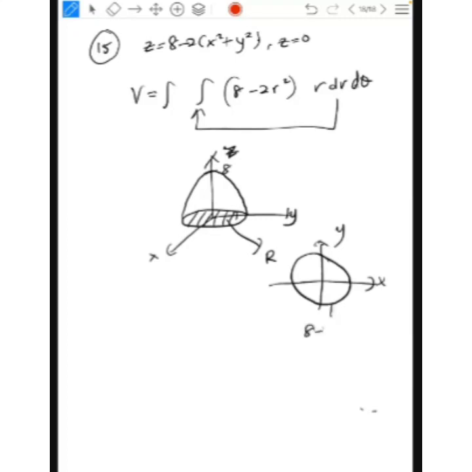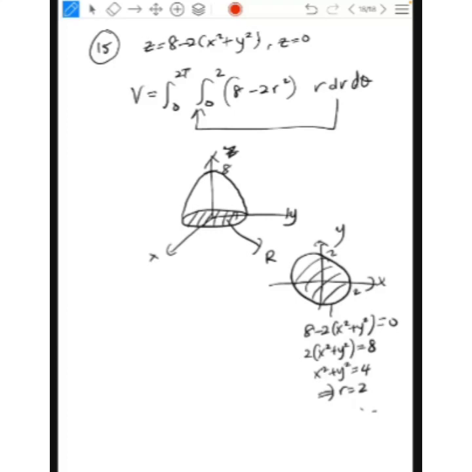So 8 minus 2(x squared plus y squared) equals 0, or 2(x squared plus y squared) equals 8, or x squared plus y squared equals 4. So jari dia 2 lah, or r equals 2. So r will be from 0 until 2, and then theta is from 0 until 2 pi, because it's the whole circle.